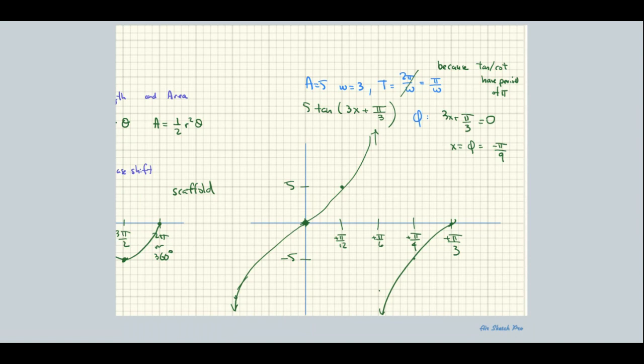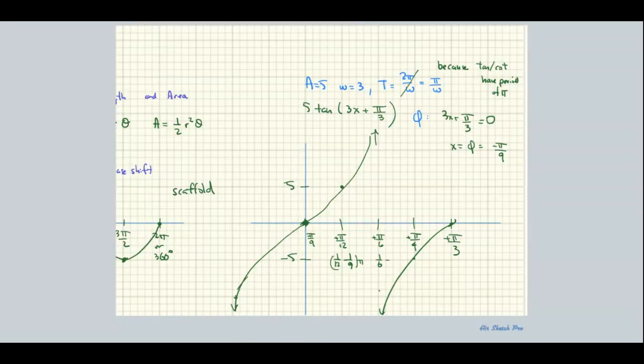Now you see my saying plus, this is my cheat. I'm starting here at negative pi over 9, and all of these are plus negative pi over 9, which is awkward. So this is 1/12 minus 1/9 pi.